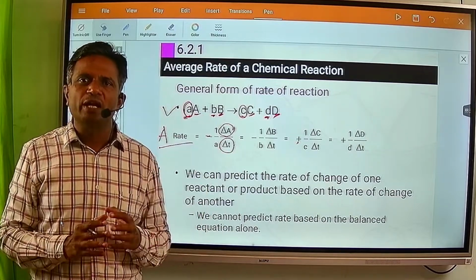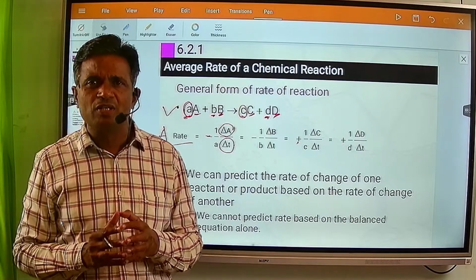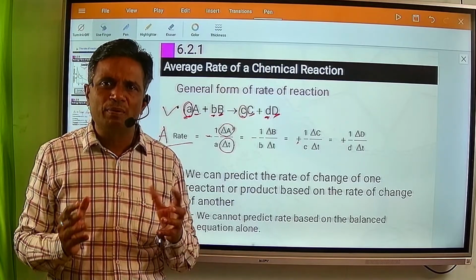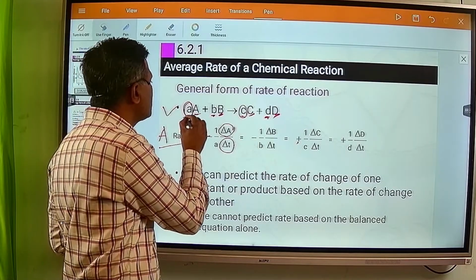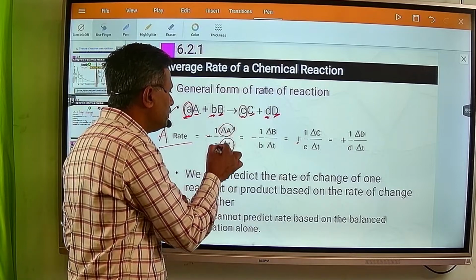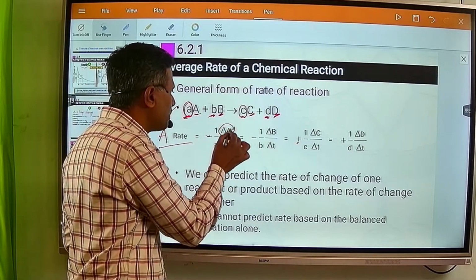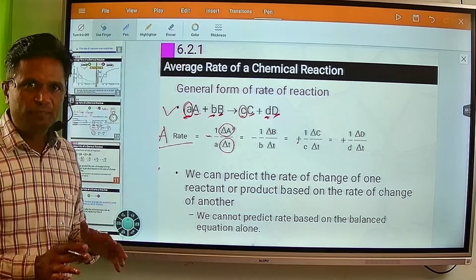Whenever you write the average rate of reaction for a reaction having different stoichiometric coefficients, you have to use the stoichiometric coefficient as a division. You have to divide that particular rate expression by that stoichiometric coefficient.